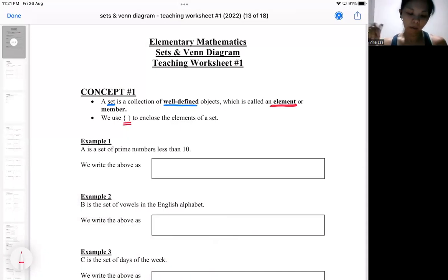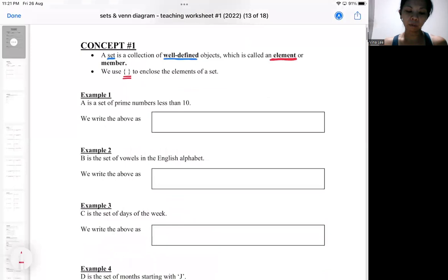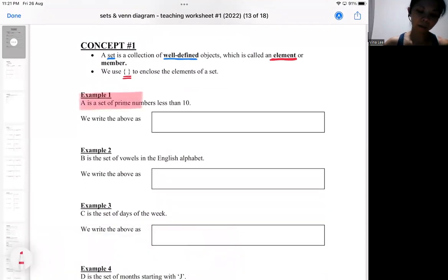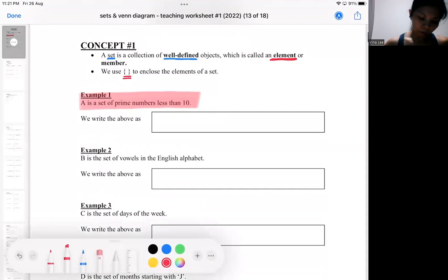There will be examples that introduce you to the elements. In example 1, A is a set of prime numbers less than 10. You need to recall what are prime numbers. The smallest prime number is 2. It doesn't start from 1. How are we going to express it?